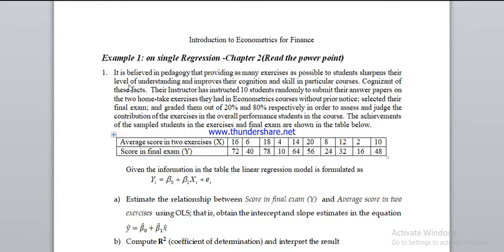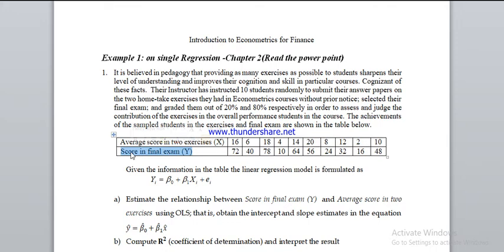You can read these sentences. It says we have two variables: one independent variable, that is test score, and our dependent variable, score in the final exam. The assumption is that when home take exercise increases, when we provide exercise for students, their score in the final exam increases and the relationship is positive.